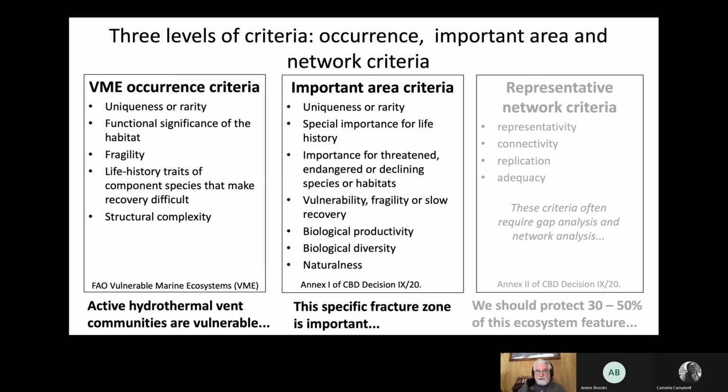Important area criteria were used after the criteria developed for the EBSA process from the CBD, and these were used to describe specific features such as specific fracture zone areas or other areas that were described as potentially regionally important. The representative network criteria that was discussed was looking at representativity, connectivity, replication, and adequacy, which are more network level criteria.